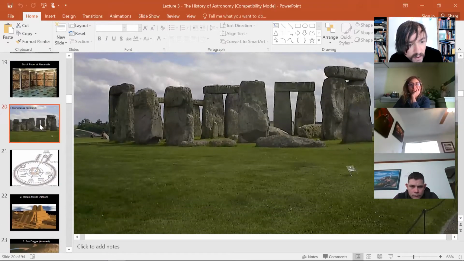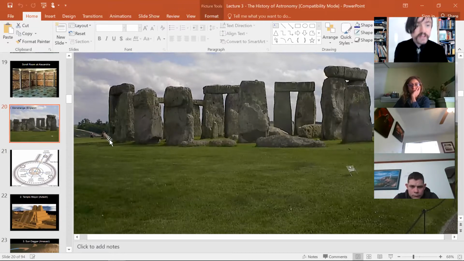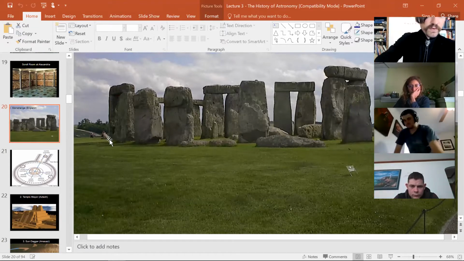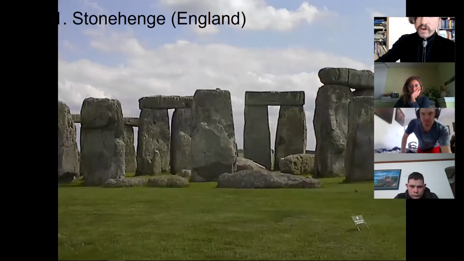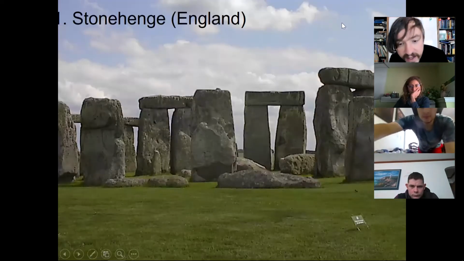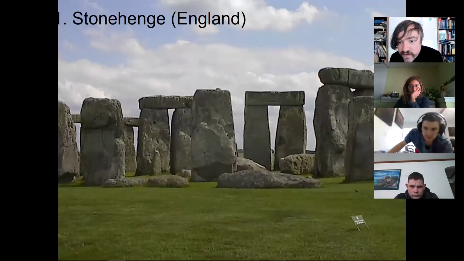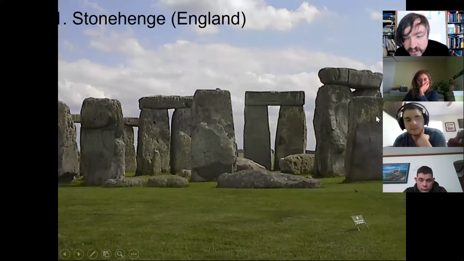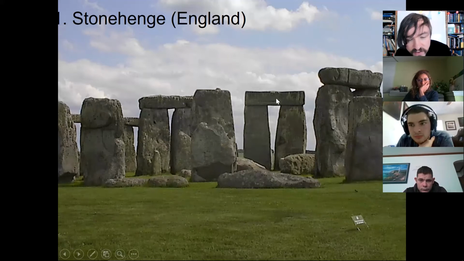And if you poke around, you can see examples of ancient observatories. For instance, y'all might have heard of Stonehenge before. In England, there's a circle of massive stones that must have taken quite an engineering feat to erect. And they're arranged in this circular form.